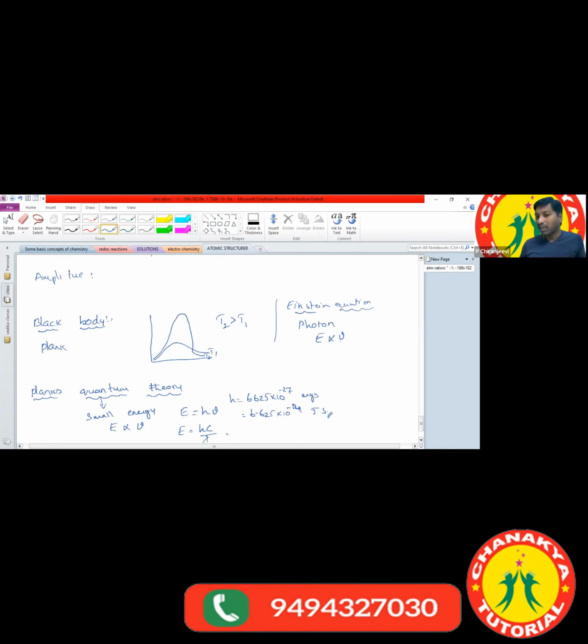Based on that, he wrote E = mc square, where c is the velocity of light and m is the mass of the particle. By using these two equations, we can derive the de Broglie wave equation also. That we will discuss tomorrow.